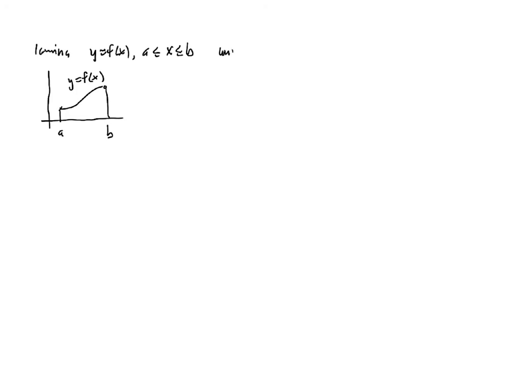So this has uniform density rho, and I'm going to approximate by rectangles following the protocol of the midpoint rule.